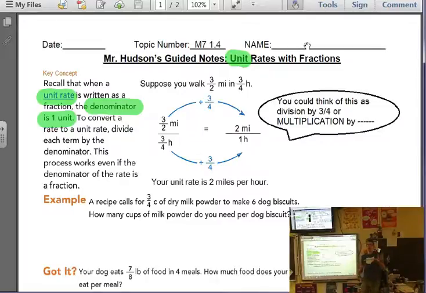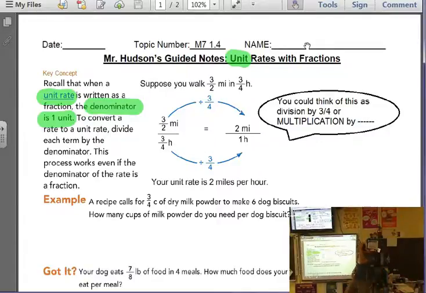Miles per hour, feet per minute, students per class, chocolate chips per cookie are all rates. Ratios are feet compared to feet, or inches on a model compared to inches of the actual. That's a really good question, and I appreciate that you asked it because I never really covered that. Rates are normally per. Ratios are normally just a comparison.